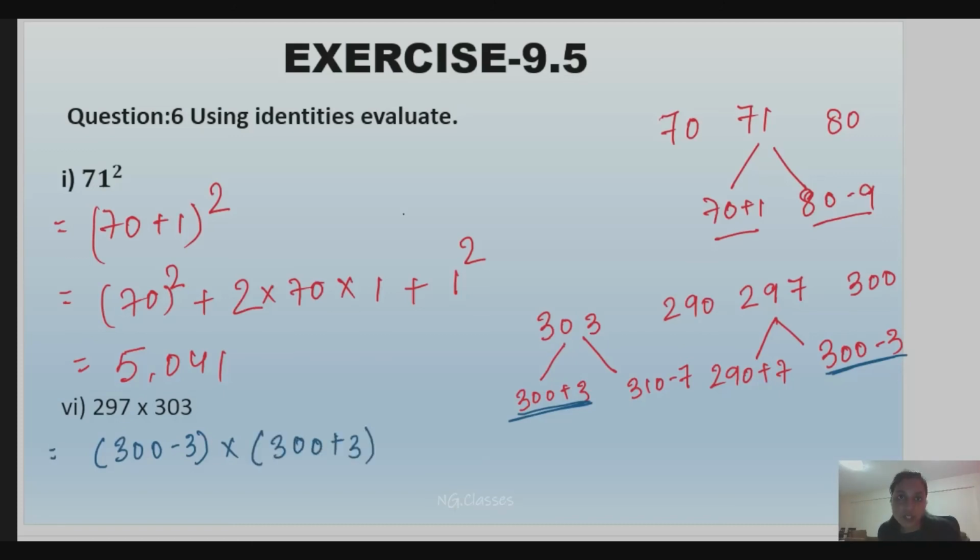Now see carefully, it looks like the third formula, right? a plus b in one bracket and a minus b in another bracket will give a square minus b square. So we will get 300 whole square minus 3 square, and our answer will be 89,991. So by using the formula, we have done the evaluation.